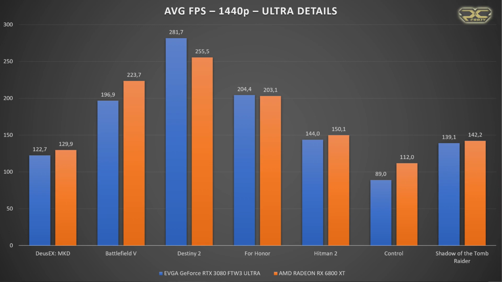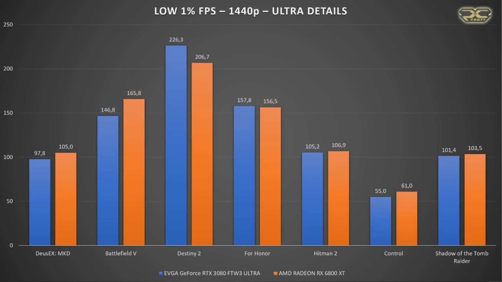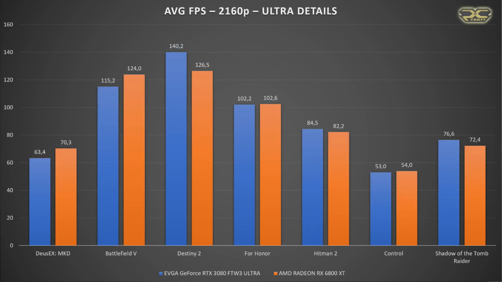So combining it with the AMD Ryzen 5900X is definitely a good option. And with this graphic card and this processor, you could play without any issues on 1440p, because all the FPS were above 200 except in Deus Ex, Hitman 2, Control of course, and Shadow of the Tomb Raider. Shadow of the Tomb Raider was 142, Control 112, Hitman 2 150, and Deus Ex Mankind 129.